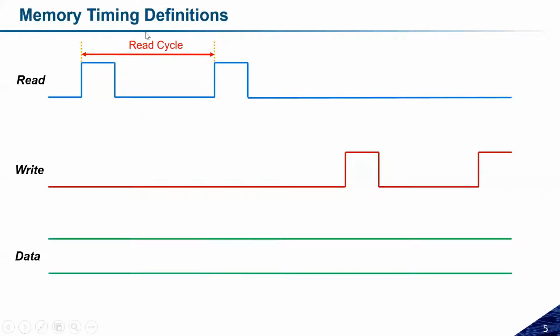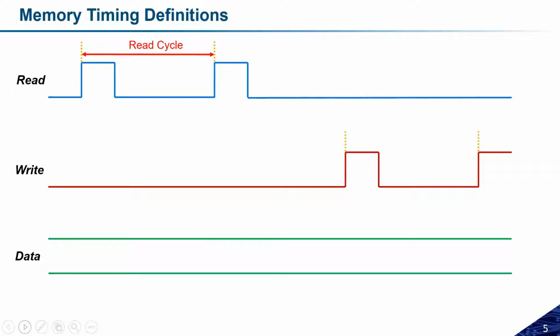Suppose we have activated the read pulse and performed a read operation. Then after a certain period of time, if I am again performing a read operation, we need to activate this read pulse again. So the difference between two successive read activations is what we call the read cycle time.